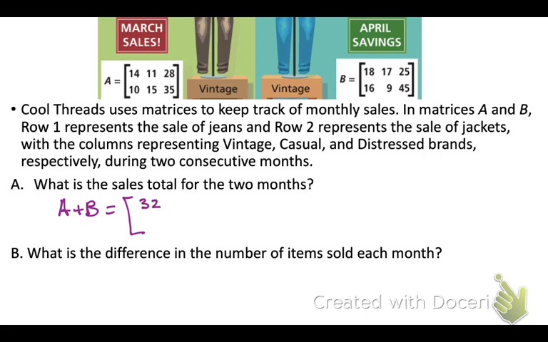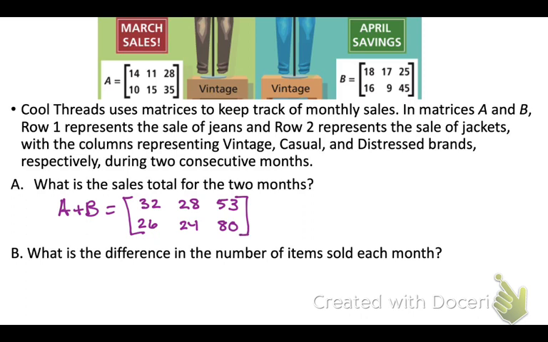Oh, gotta carry your 1. You're right. 18. 28. 53. 26. 24 and 8. I got 31 instead of 24. No, it should be 24. I don't know how I got 31. And 80. Okay, you just added them, yes?